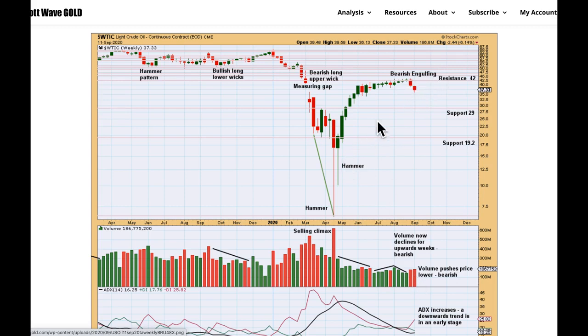Within a new trend for oil, price will not move in a straight line, and if this is the start of a new bull market for oil, then we should see a multi-week or even multi-month pullback relatively early on. And for this particular market, the first corrective move at the start of a new trend is usually really deep. So let's look for support next about 29 and below that about 19.2.